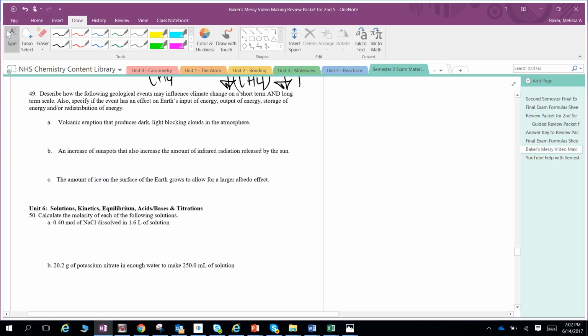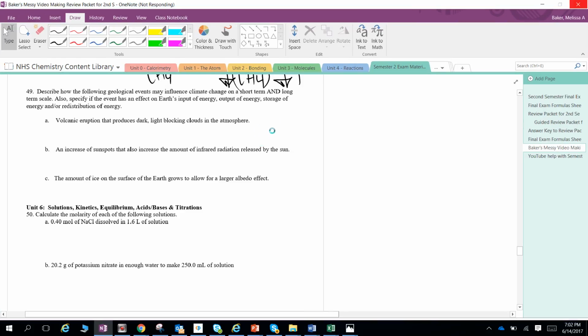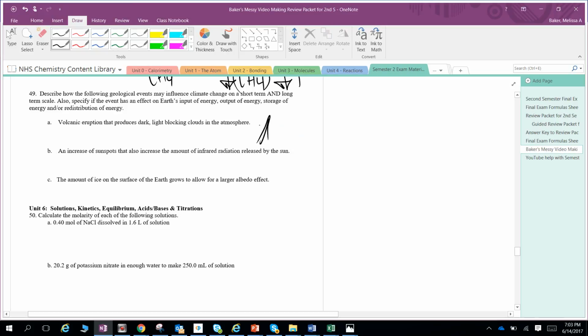Describe how the events may influence climate change on the short term and the long term scale, and specify if it is going to have an effect on the input, output, storage, or redistribution of energy. So, first one says that you've got a volcano and it produces dark light blocking out the clouds in the atmosphere.